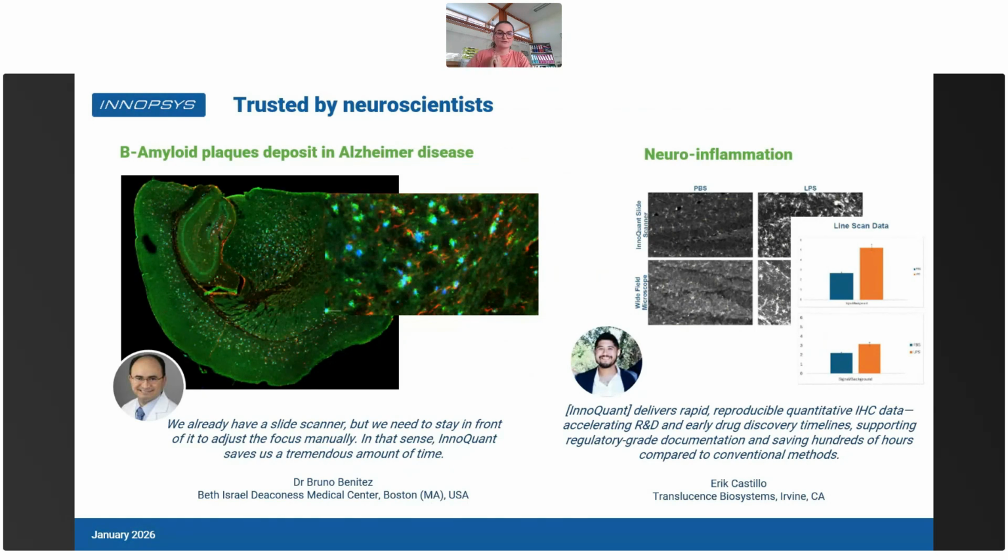And the data from InnoQuant were really reproducible, and so it could accelerate the research and development progress. And then because also of this quality control that I described a little bit earlier, it can really be a robust and very trustful data also for regulatory grade documentation.